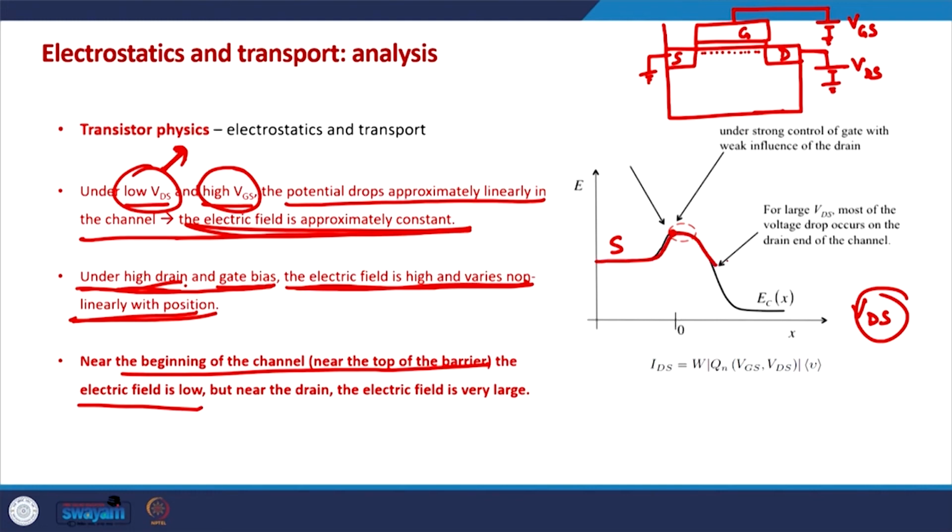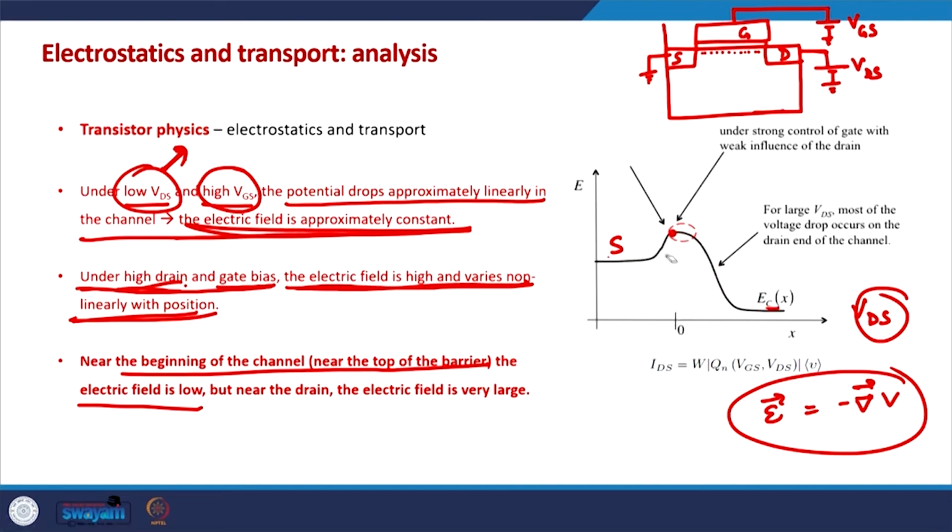So, the electric field, which is essentially minus del V by del x, or to write it more generally, because in short channel devices it needs to be written properly, it is the gradient of this band edge that will give us the electric field in the channel.